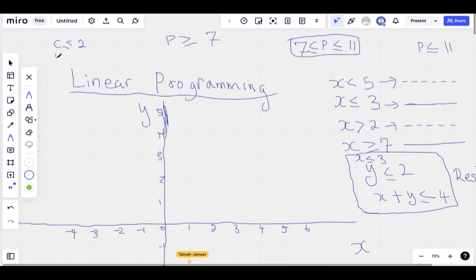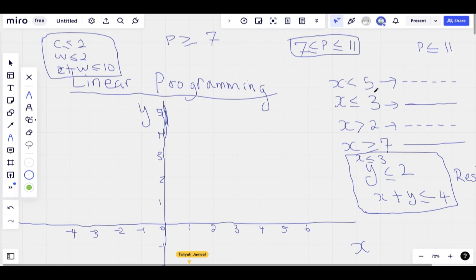And then wheat also, if it must not be greater than 2, we say the wheat he has to plant on his farmland will be lesser than or equal to 2. And if both corn and wheat will take a space of about 10, then we will say C plus W should be lesser or equal to 10. So these restrictions that are given to us will form 3 inequalities.